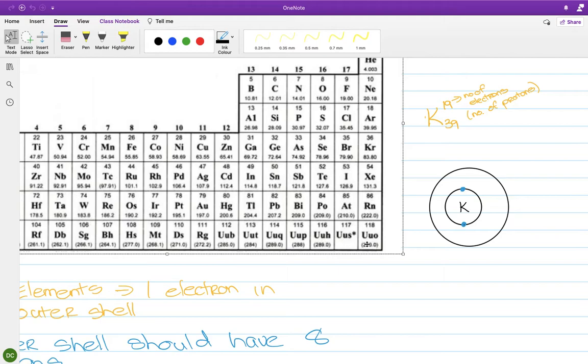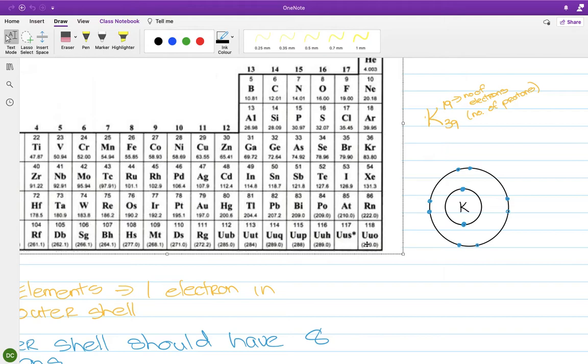The second ring will take 8: 1, 2, 3, 4, 5, 6, 7, 8. That's 10 in total.